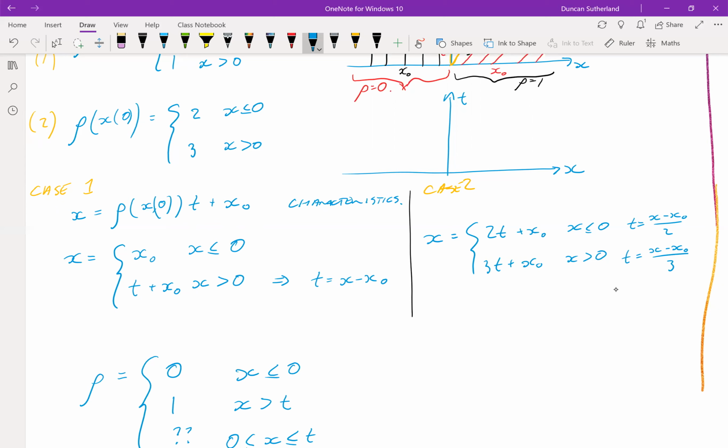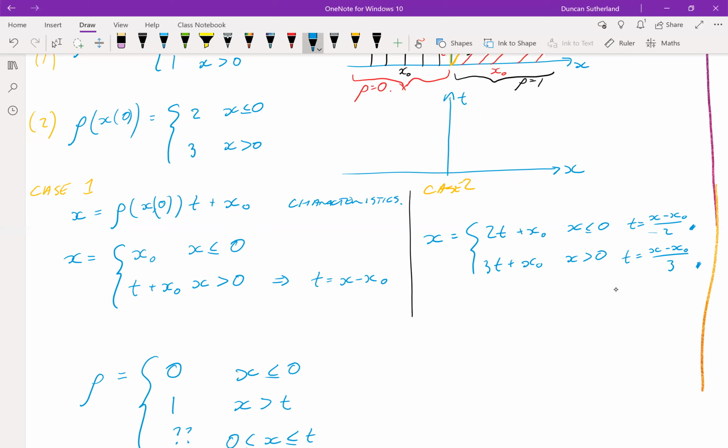That tells us that in this case, the slope of these characteristics, the top ones here, is 1/2. The slope of these characteristics is 1/3.